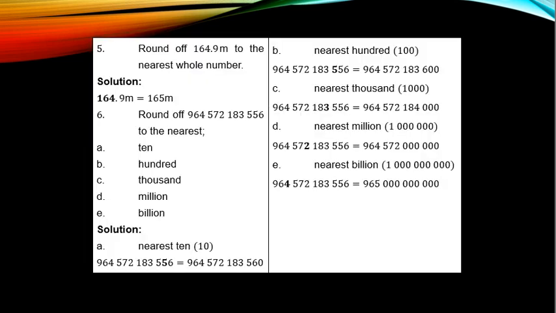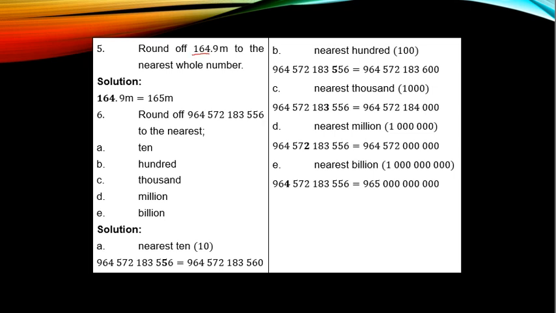Okay, let's see Example 5. Round off 164.9 meters to the nearest whole number. You know, this number is a decimal. It has two parts, the whole number part and the decimal part. The whole number part is 164.